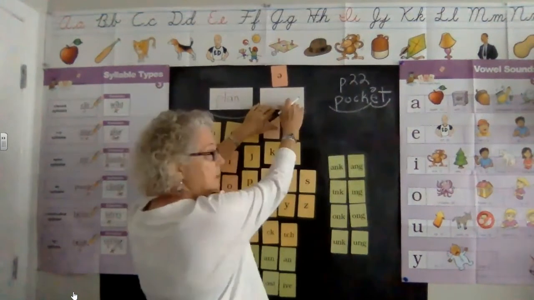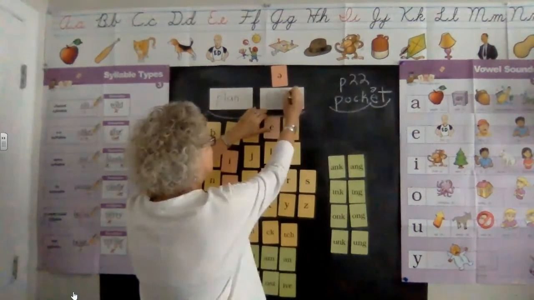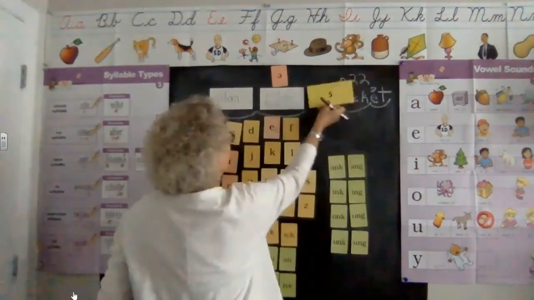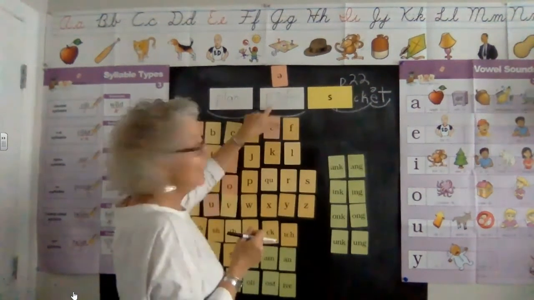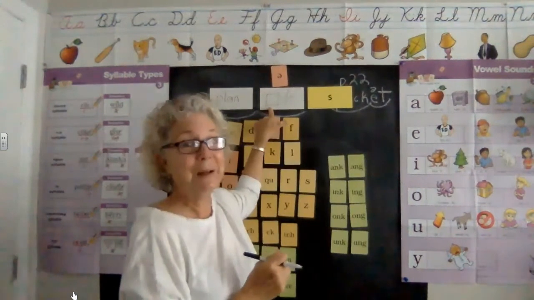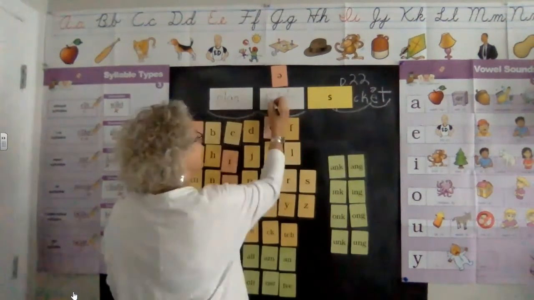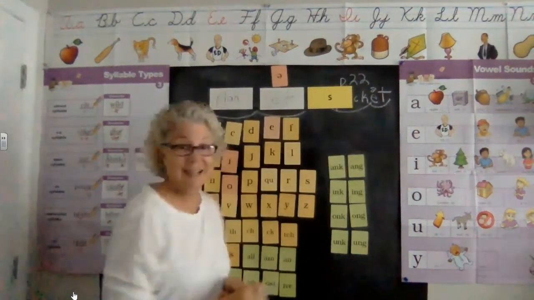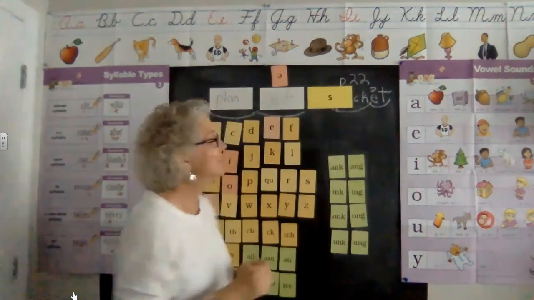Plan. Second syllable, it. Oh my goodness, I have that mystery again, right? And I'm going to get my S because I know I have more than one planet. And go ahead and pause your computer and look it up. So as you found in this case, this letter is going to be an E, making that it sound, right?